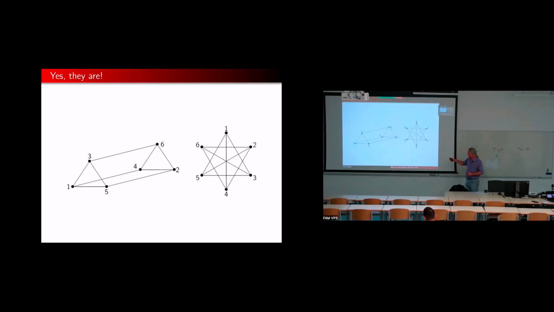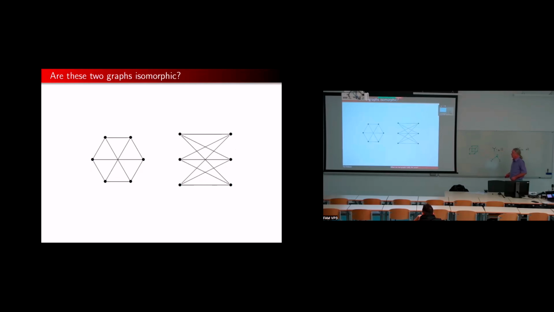For me, these are easiest to see on the left-hand side, the edges between the two triangles: 3, 6, which is this edge here, then 1, 4, which is that one there, and then 2, 5, which is that one there. If you look at the number of edges in total, there are 9. These labelings show you that these two graphs are really the same. Yes, they are.